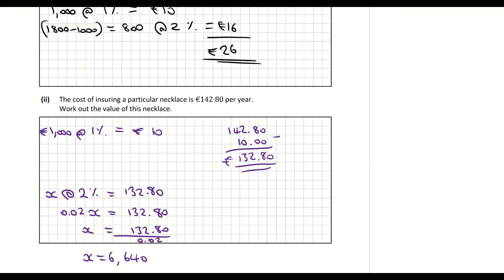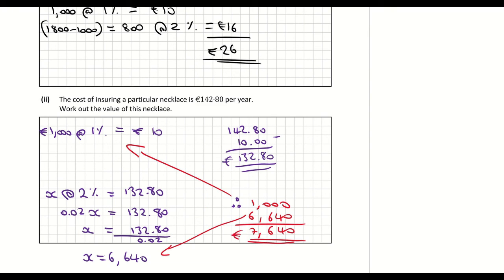So I had to spend 6,640 euro, insure that at 2%, which cost me 132 euro and 80 cent. So therefore, the original price of the necklace was the original 1,000 euro from here, and then the 6,640 euro, which means the price of my necklace would have been 7,640 euro. And I insured it for 142 euro and 80 cent.